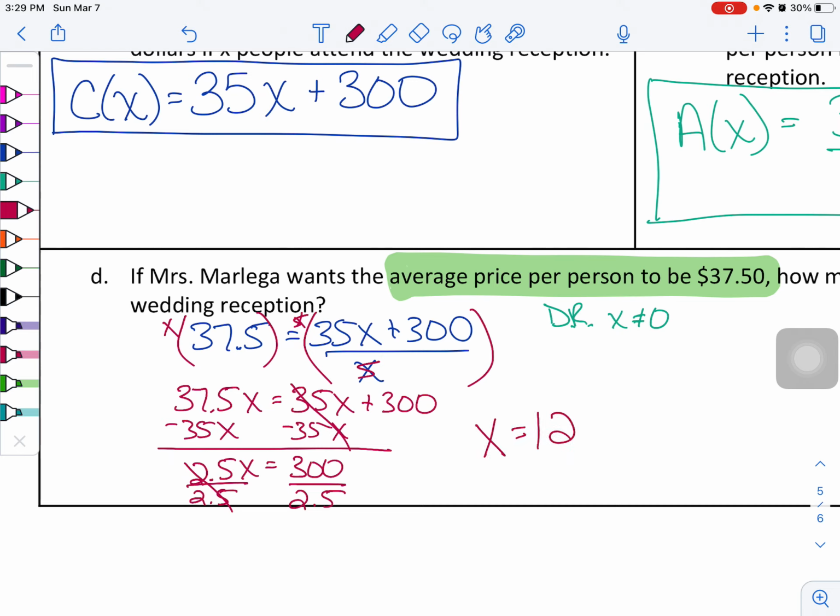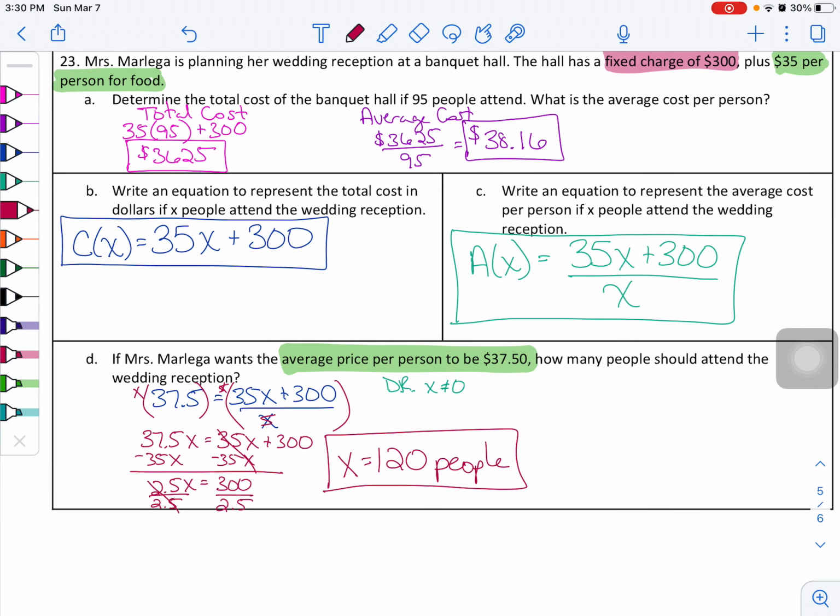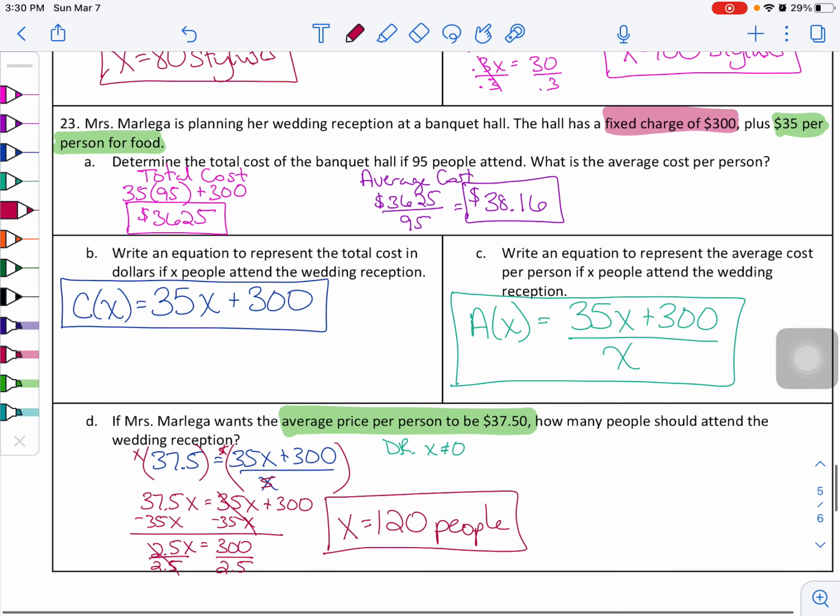I'm going to divide both sides by 2.5. 300 divided by 2.5, this is absolutely going into a calculator. So x is equal to 120 people. So if Miss Marlega can get 120 people at the reception, then the average price per person would be $37.50.